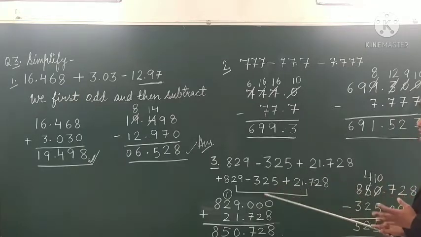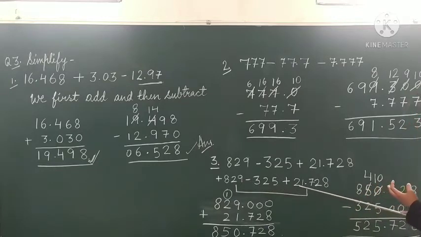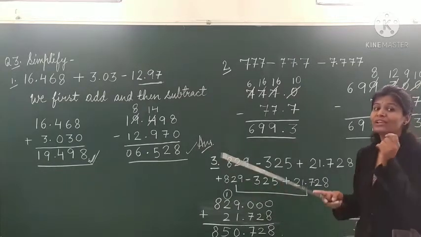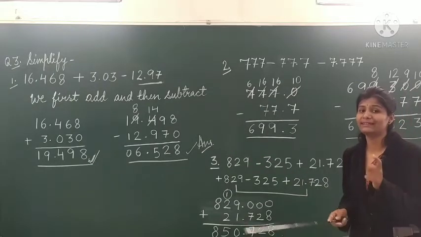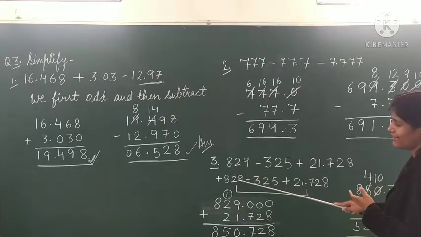What will you have to do? You have to add 829 with 21.728, but this is an unlike decimal number. First convert into like decimal. Here there are 3 decimal places, so make 3 decimal places here also.